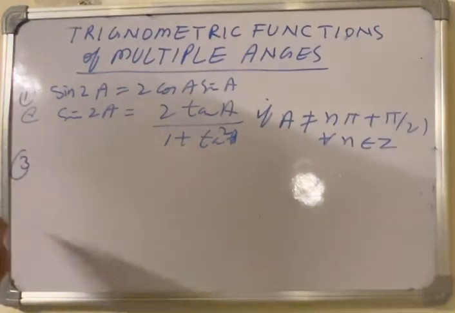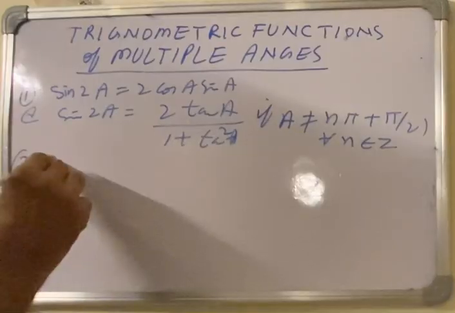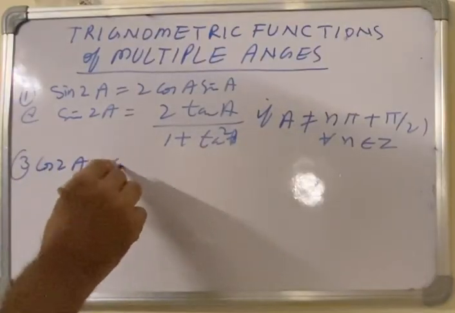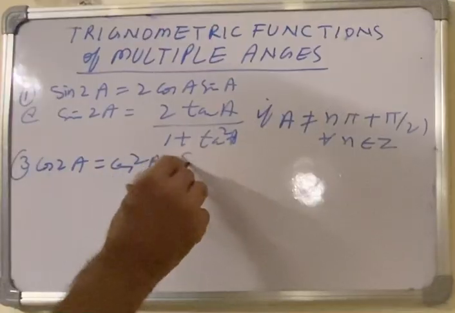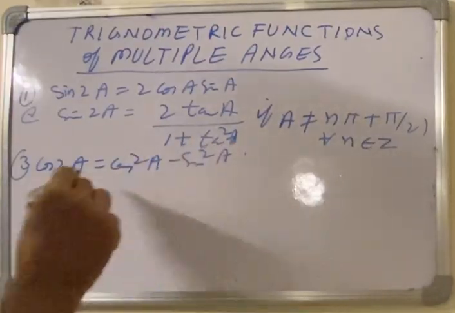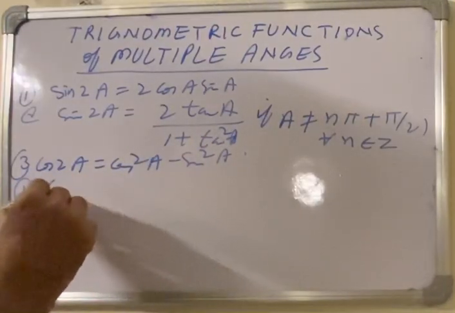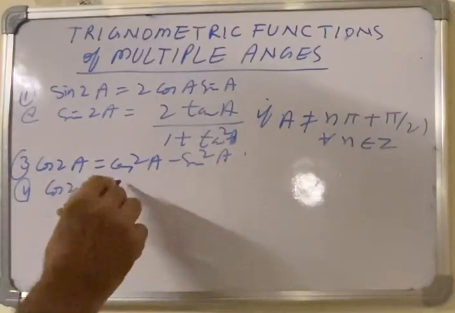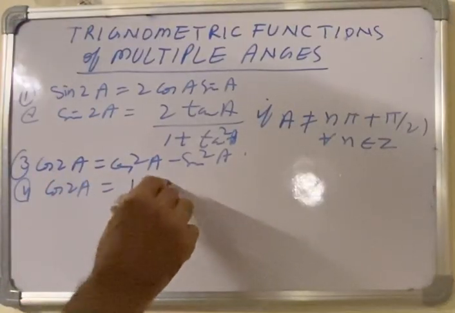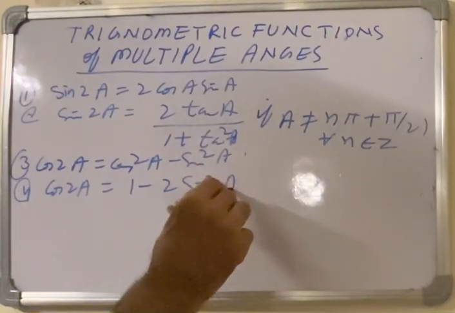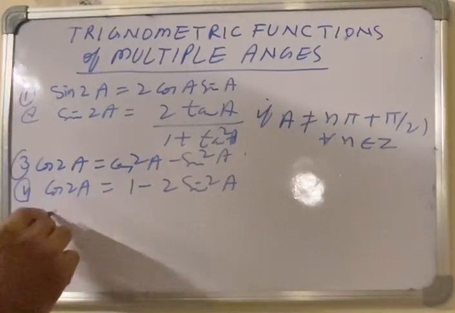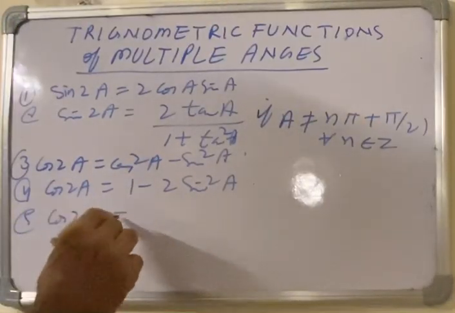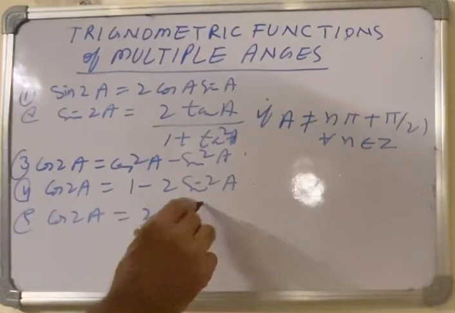Third, cos 2a is cos square a minus sine square a. Fourth, cos 2a is equal to 1 minus 2 sine square a. Fifth, cos 2a is 2 cos square a minus 1.